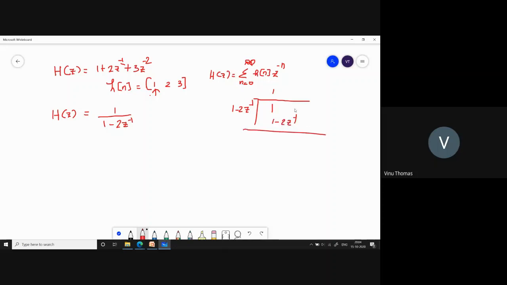The next term: the difference would be 2 z raised to minus 1. So this would be 1 plus 2 z raised to minus 1. So this would be 2 z raised to minus 1 minus 4 z raised to minus 2. The next term would be 4 z raised to minus 2, so this would be plus 4 z raised to minus 2 plus etc.